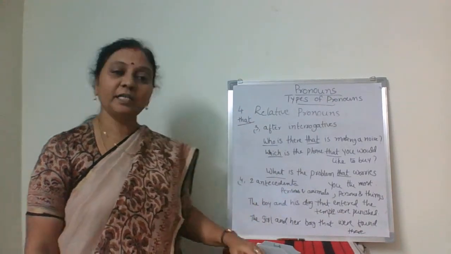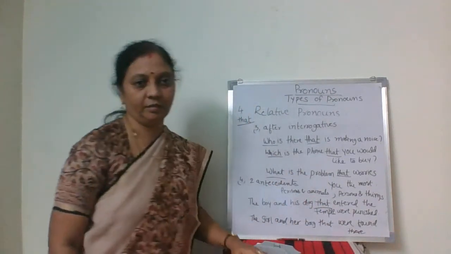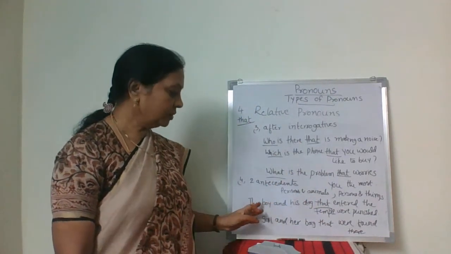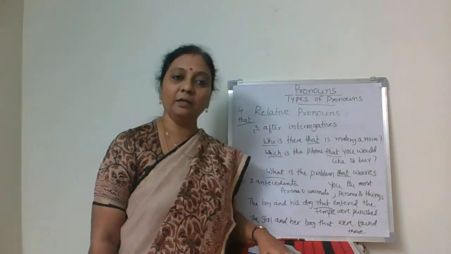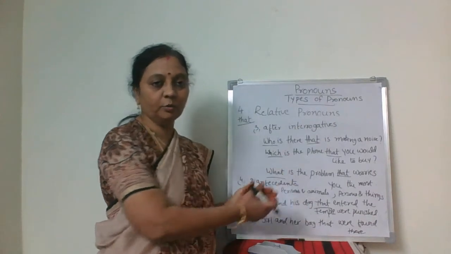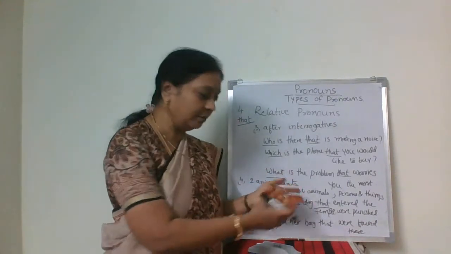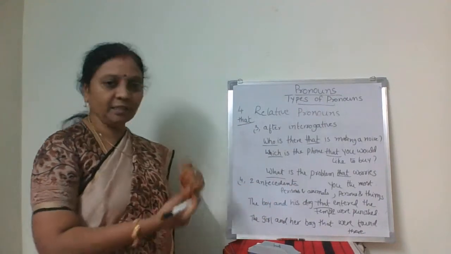The boy and his dog that entered the temple were punished. You cannot say the boy and his dog who entered, because who refers only to the boy. But you are talking about two things. If you say which, the boy and his dog which entered, you are deleting the boy.